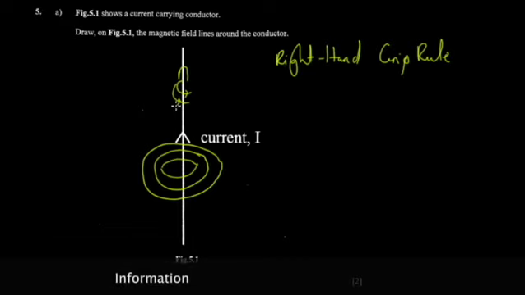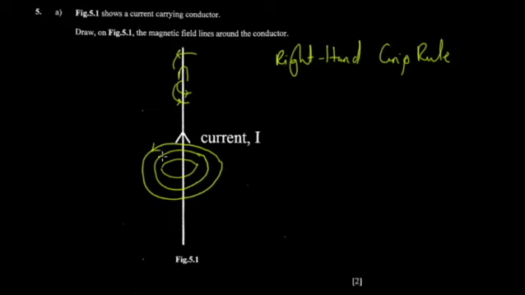Just pretend as if you're holding it, and your thumb is like thumbs up because the direction of the current is upwards. You see that your hand will be curling from this direction to this direction like this. So obviously this would be your magnetic field lines.